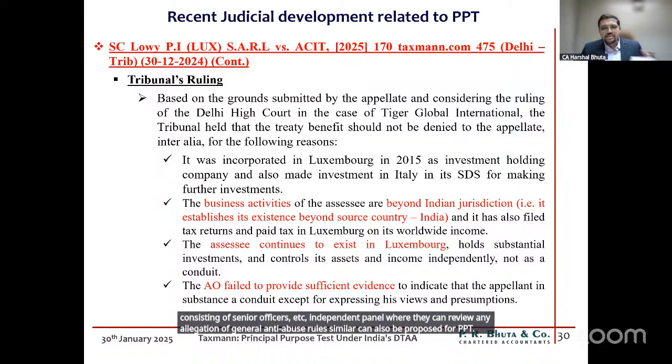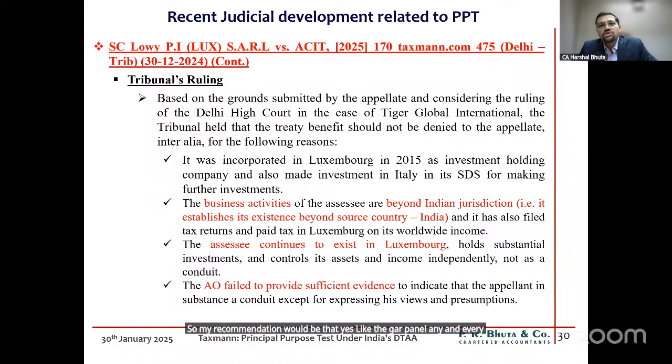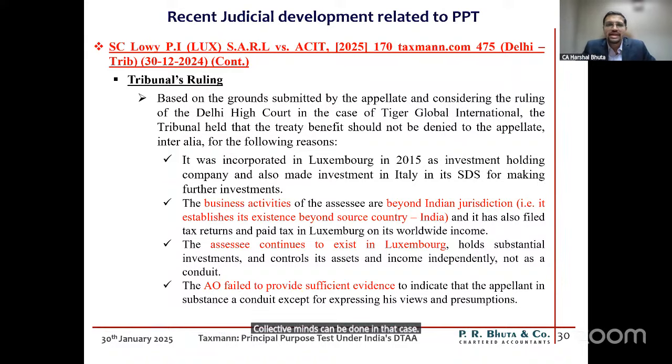So my recommendation would be that, like the GAAR panel, any and every contention of application of the PPT article to deny tax benefits should go through the GAAR panel, so that a holistic analysis and a proper application of collective minds can be done in that case. So I think with this we end the presentation.